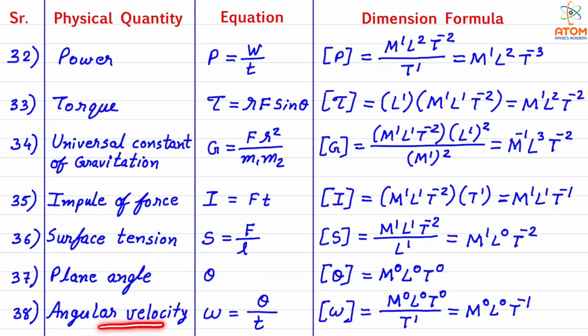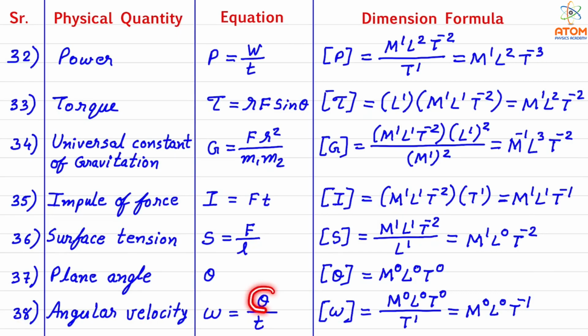Angular velocity. This is again from rotational motion. Angular velocity is omega, that is equal to theta upon t. See here, theta in case of rotational motion is not just angle, it is known as angular displacement.